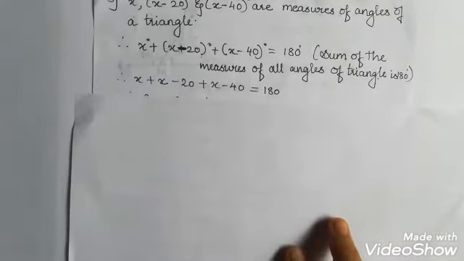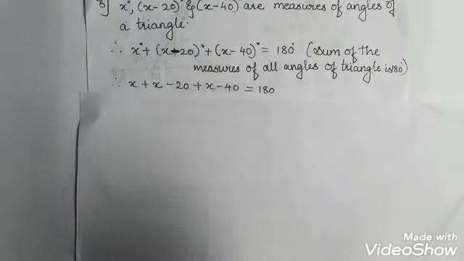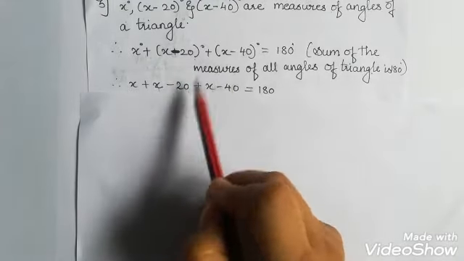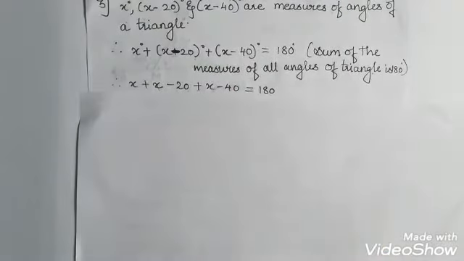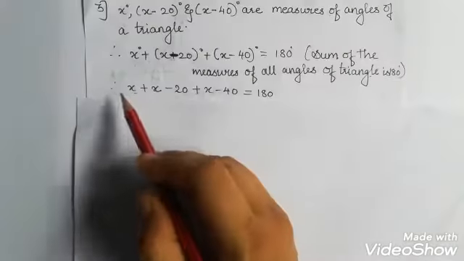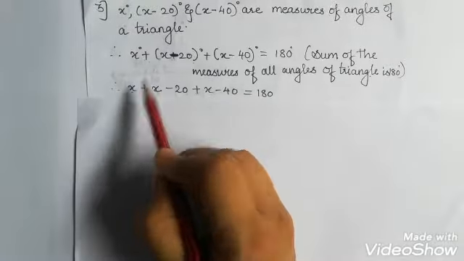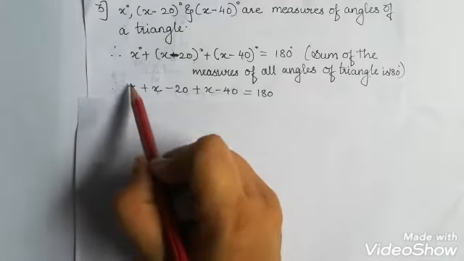Next, I will open the bracket, right? So that is x plus x minus 20 plus x minus 40 is equal to 180 degrees. Now I will count how many x are there. So 1, 2 and 3. There are 3x. Here there is no number, so when there is no number, we assume that as 1.